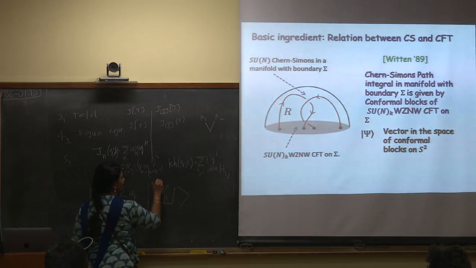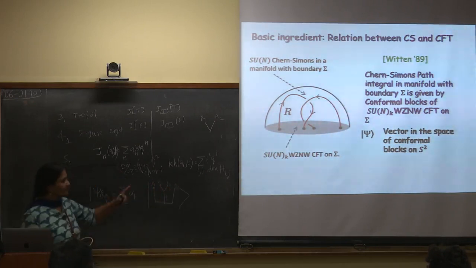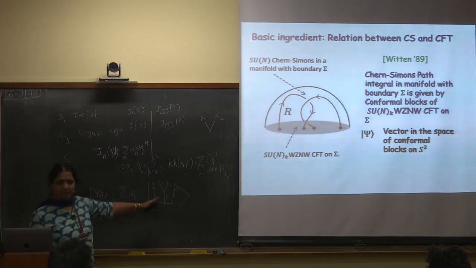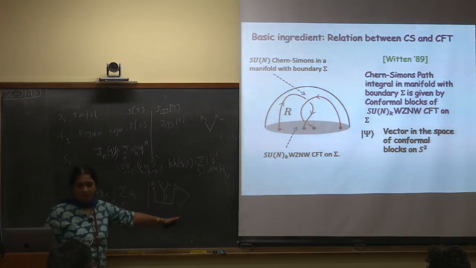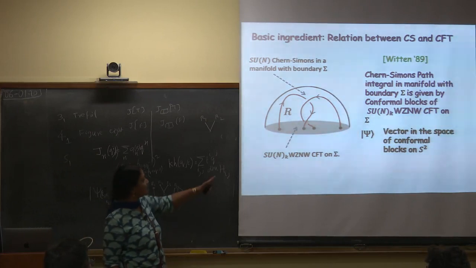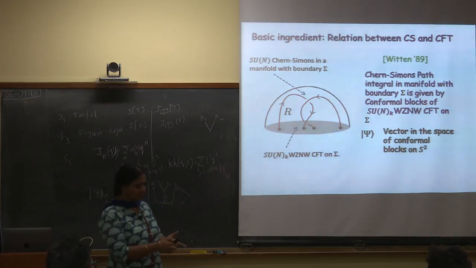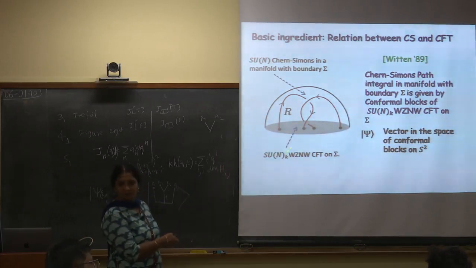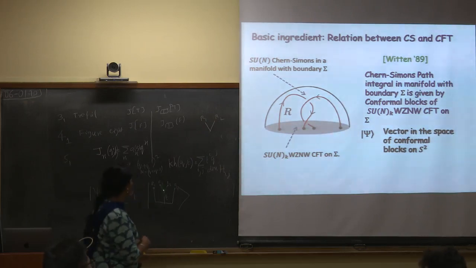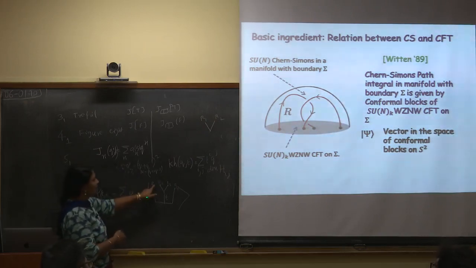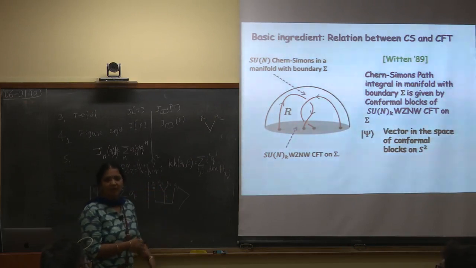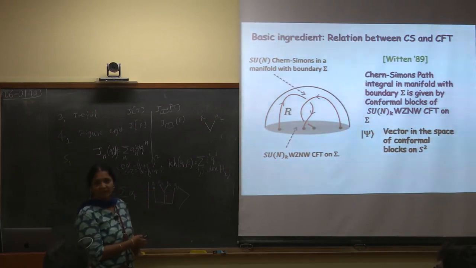Suppose I put R1, R2, R3, R4 in general, but in this case some of them will become R and some will become the complex conjugate of R, because the arrows will change sign. Conservation of charge at every boundary should take care of that. So R1, R2 will be R, and the other 2 will be R bar, R bar. Which one depends on the diagram.